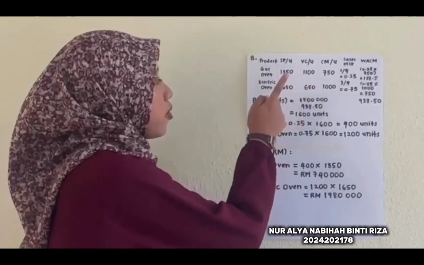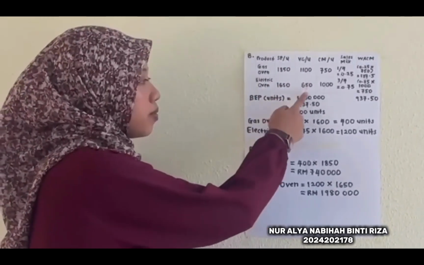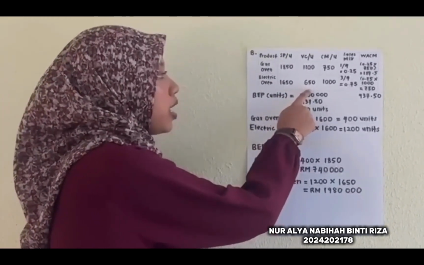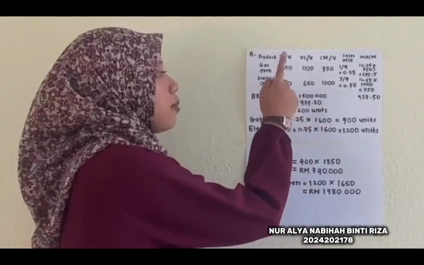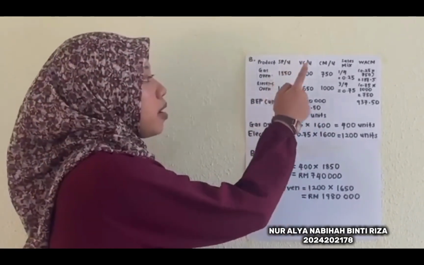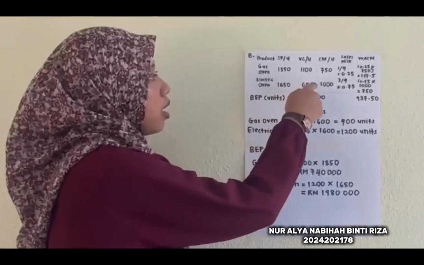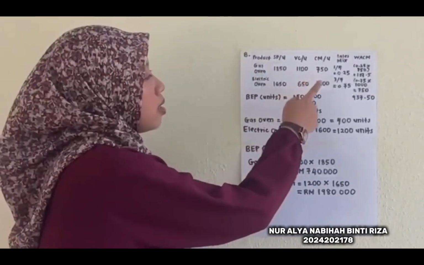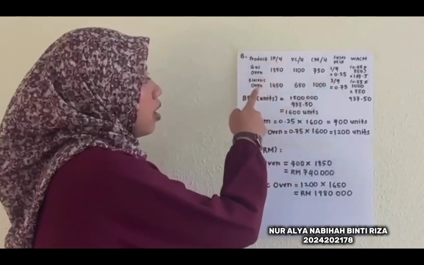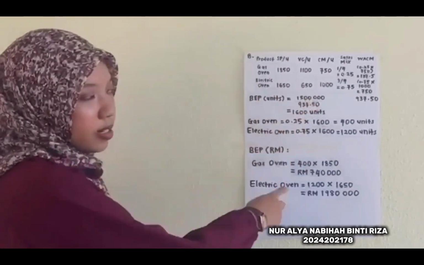Variable cost per unit for electric oven is 650. We need to calculate contribution margin per unit by using the formula selling price per unit minus variable cost per unit. So we get contribution margin per unit for gas oven 750, for electric oven 1,000.